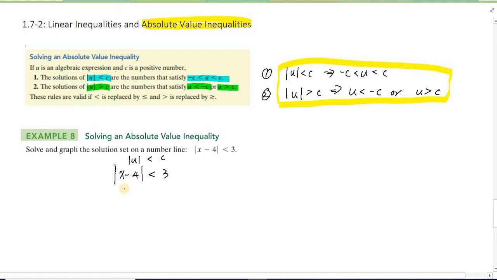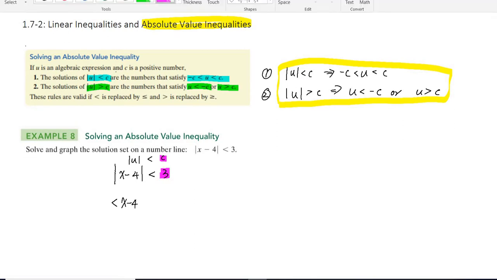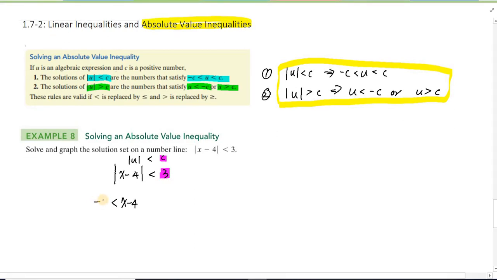In our case, our u is just going to be x minus 4. So we're going to have x minus 4, again, that's my u, greater than negative c, right? Let's go ahead and color this really quick. So this is my c, and that means negative c is just going to be negative 3.